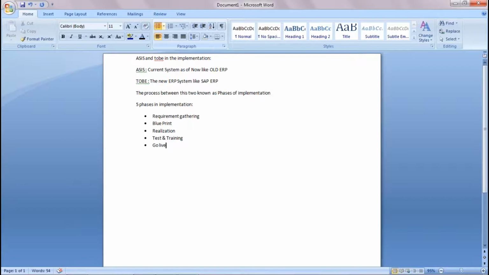These are the 5 steps which every consultant has to follow to take the system from as is to to be. They play a vital role.